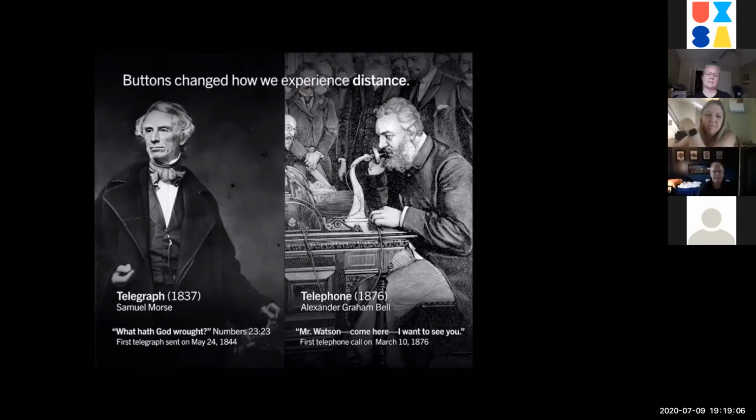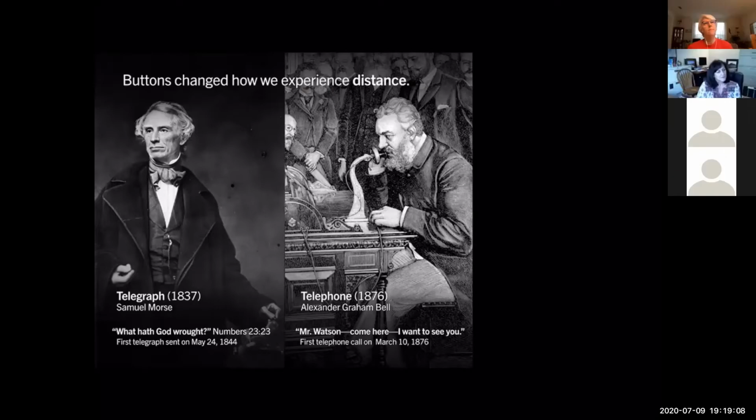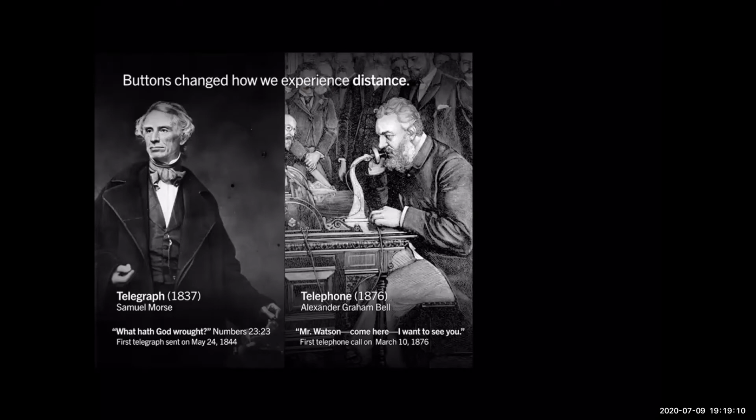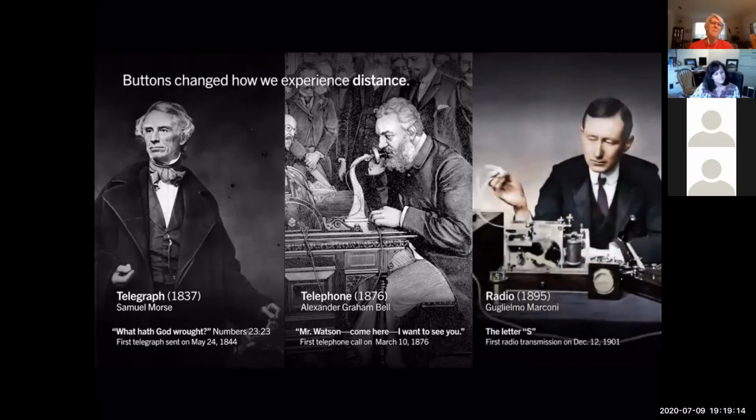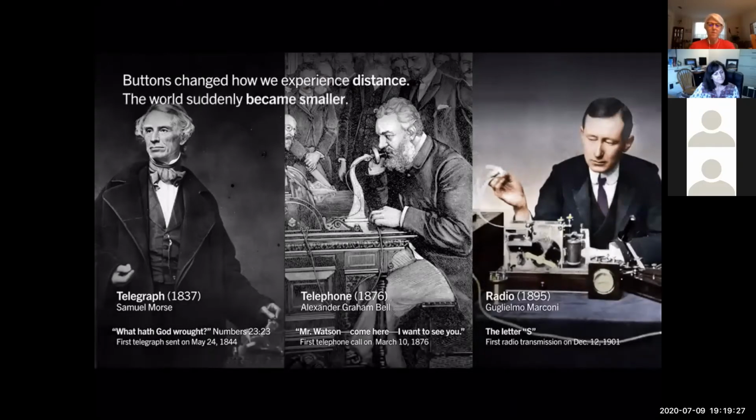I know some in the group might interpret acid a couple of different ways, but I'll leave that open to your interpretation. And then Marconi, who created the first radio transmission in the early 1900s, also changed how we interact today. And essentially the world became smaller as a result of this.